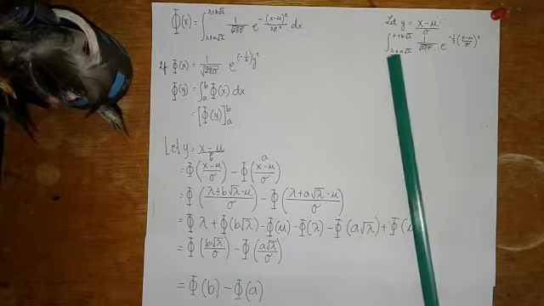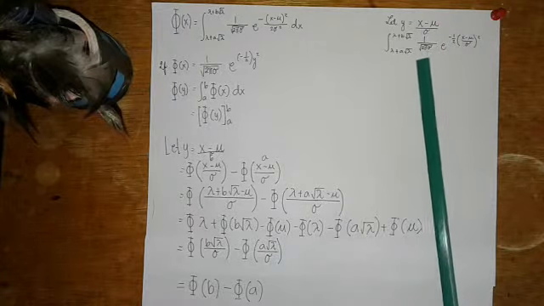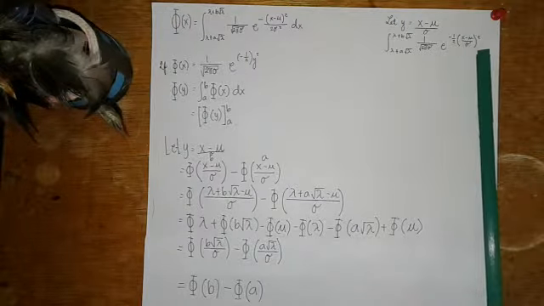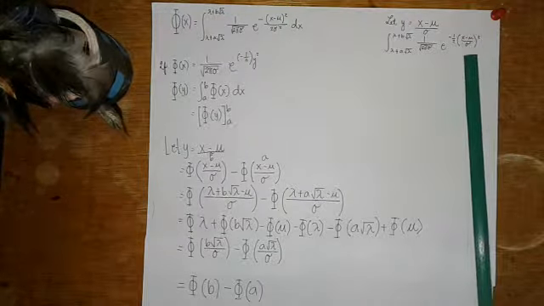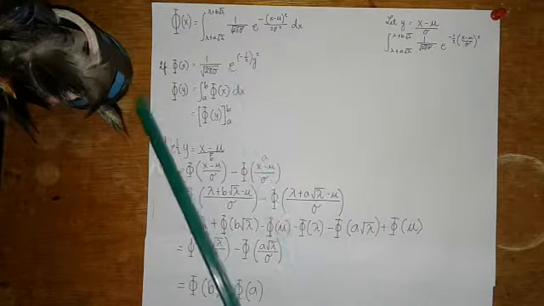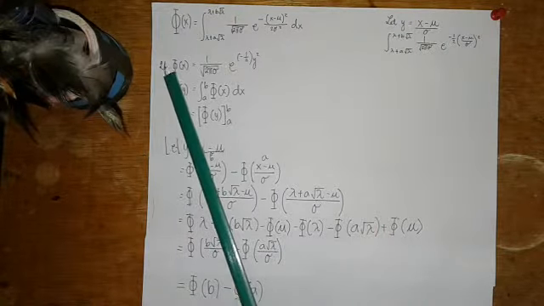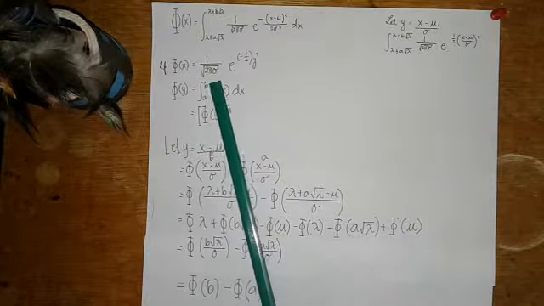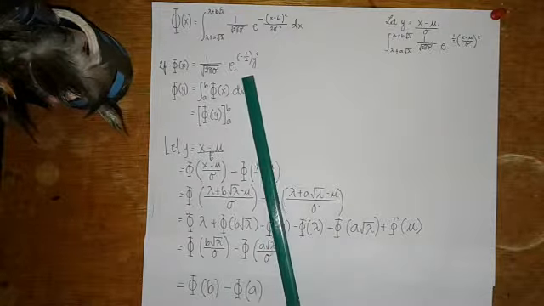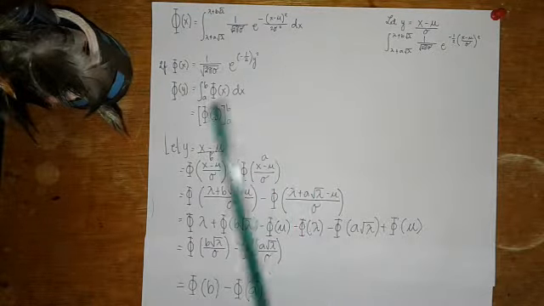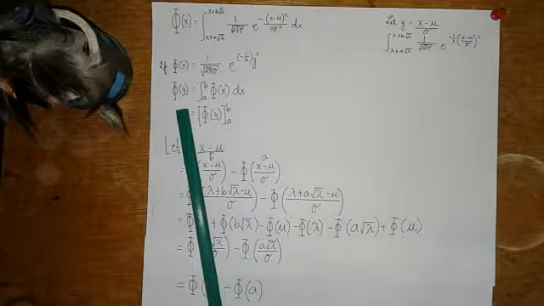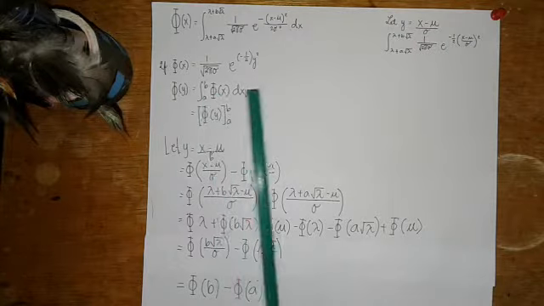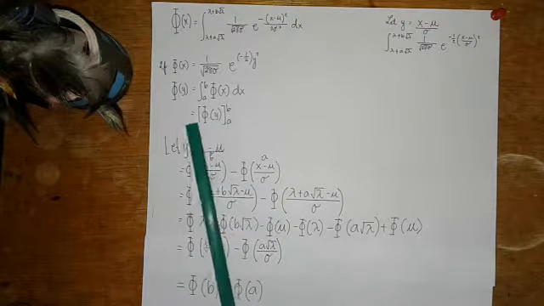We have the integral of 1 all over square root of 2 pi sigma times e to the power of negative 1/2 times ((x minus mu) all over sigma) quantity squared. So we have phi of x is equal to 1 over square root of 2 pi sigma times e to the power of negative 1/2 y squared. We have phi of y is equal to the integral of phi of x evaluated from a to b dx.